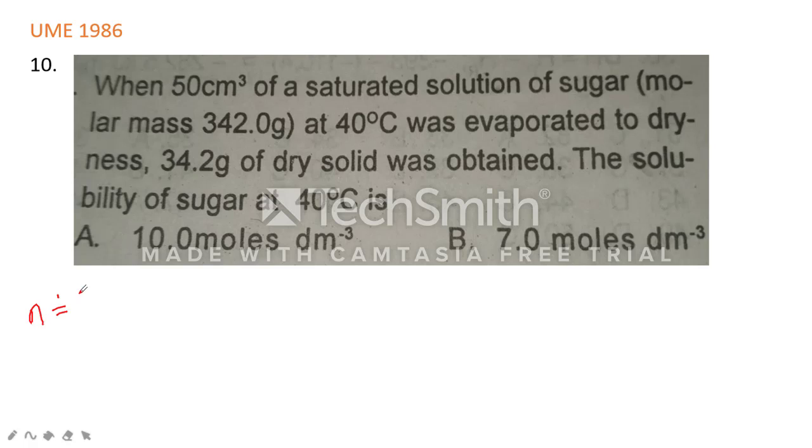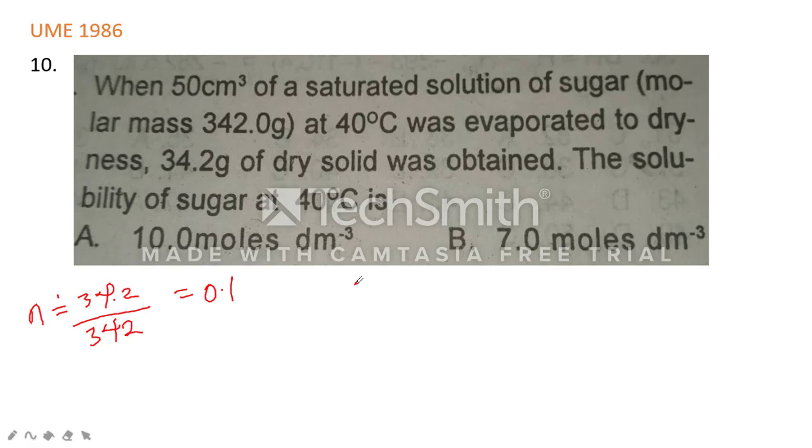The mole is mass over molar mass, which is 34.2 grams divided by the molar mass, 342. So we quickly figure that out. 34.2 divided by 342 is 0.1 mole.